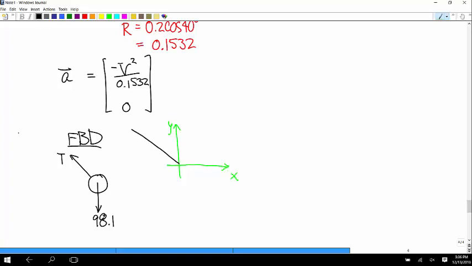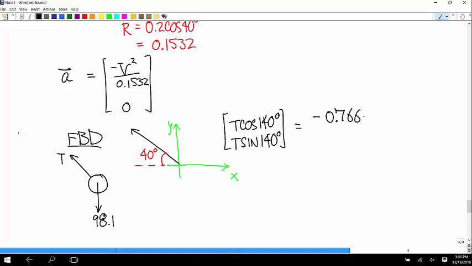That force is over here, and this angle is 40 degrees. So that force is T times cosine of 140, T times sine of 140. So that's negative 0.766 T, positive 0.643 T.